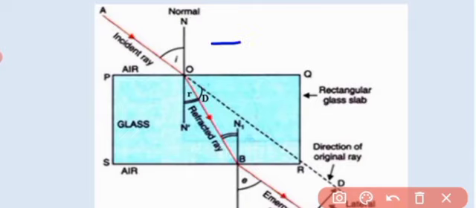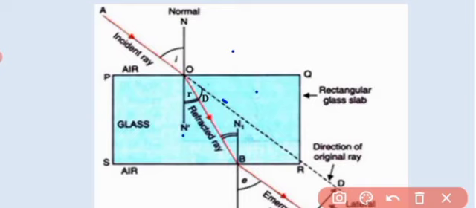And as the light passes through the glass prism, due to variation in density of the incident medium and refractive medium, the medium here is air, while this place is glass. So due to variation in the density, the path of the light changes as it crosses the boundary from air to glass. This is the original path that it's supposed to follow, but it has bent towards the normal.